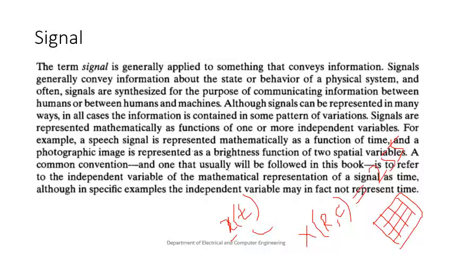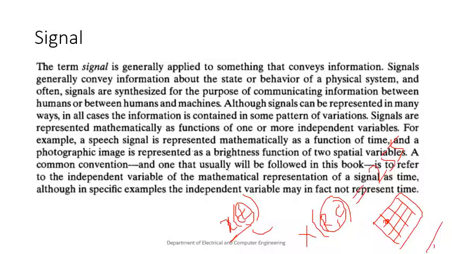For example, at this particular point the value is 255. So this is also a signal, but this is a signal of brightness of two spatial variables, whereas the other signal is just a function of one independent variable. Anyways, the important thing to note is that a signal is a function of independent variables. So the independent variable is t, and we are going to give values to t. Here we are going to give values to rows and columns.